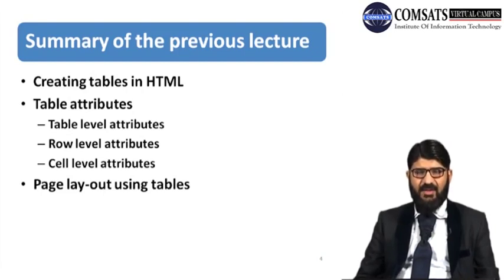Then we have seen row span and column span, in which merging two or more rows is row span, and merging two or more columns is column span. And then we have seen how to change the background color of a cell, and how to place an image as a background for a cell.